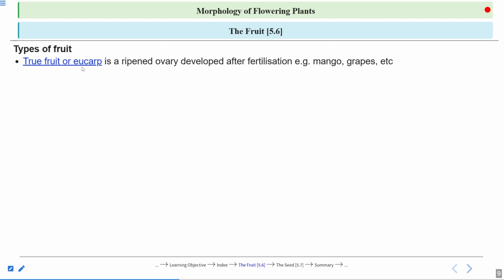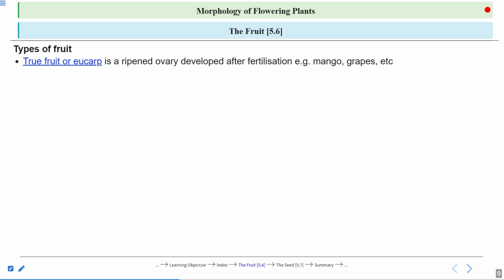Like eukaryotic, true nucleus, here also eucarp means true fruits. So eu means true. It is a ripened ovary. True fruit is always from the ripened ovary and only after fertilization. True fruit is always formed after the process of fertilization.